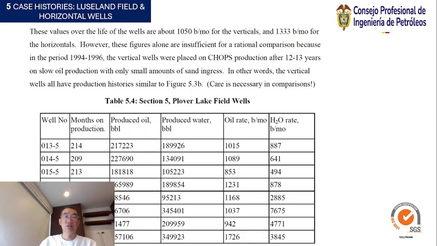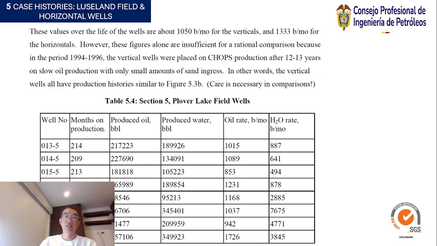These values over the life of the wells are about 1,050 barrels per month for the vertical and 1,333 barrels per month for the horizontals.